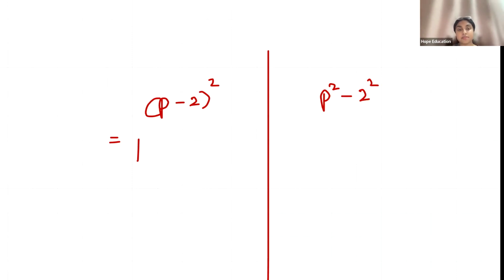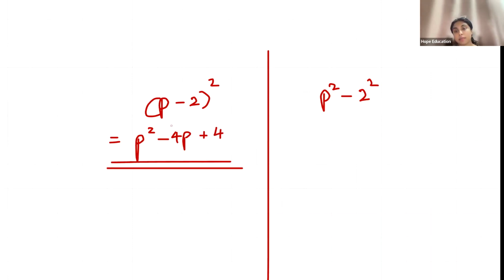So 2 times 2 is 4, 4 times P is 4P. Plus times minus is minus. Then you take the square of the second term. So if you take the square of the entire unit P minus 2, you get P squared minus 4P plus 4. But P squared minus 2 squared I can write as P plus 2 and P minus 2. So these are two different things. When I say the square of the whole unit P minus 2, that is one thing. If I say P squared minus 2 squared, that is a different thing. Okay, Basma?